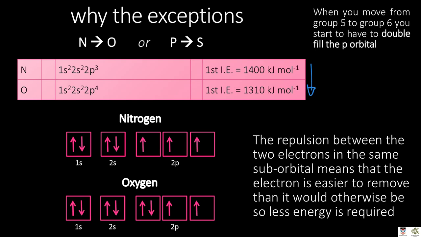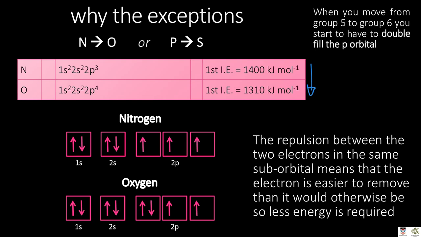As soon as we start pairing up electrons in the same p orbital, there's going to be some repulsion experienced. Okay, so this electron here will repel the other electron in that same orbital. And as a result of that repulsion, the attraction experienced by this electron for the nucleus will be slightly less. Okay, so if there's a weaker attraction, we're going to need less energy to remove that outermost electron.